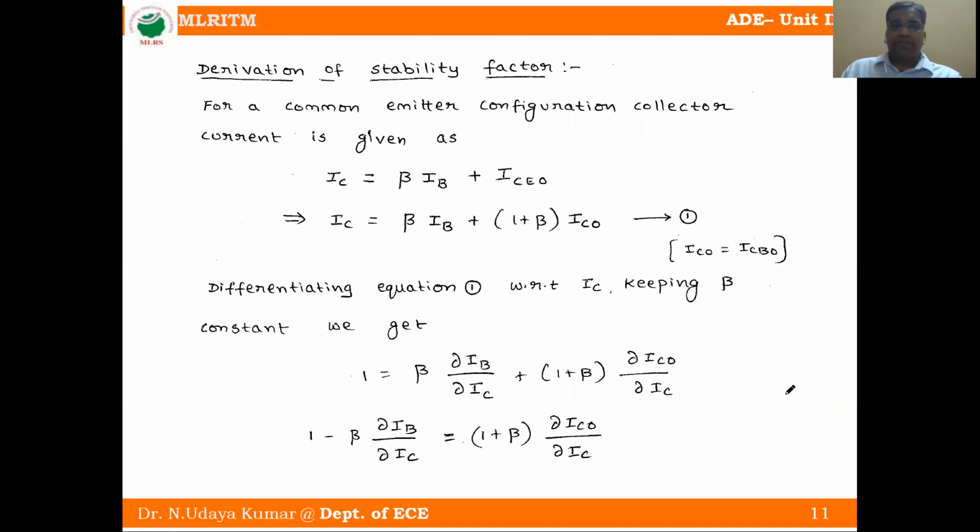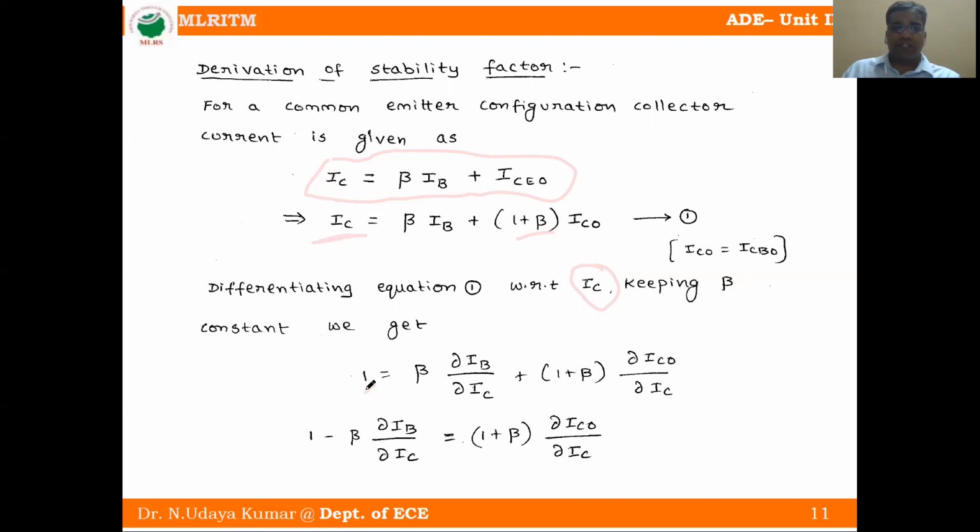Now the derivation of the stability factor. We know that in the emitter configuration the collector current IC is equal to beta IB plus (1 plus beta) IC naught. We know this equation. Differentiating equation 1 with respect to IC, because collector current is the output side, and keeping beta constant: the differentiation of IC with respect to IC is 1.